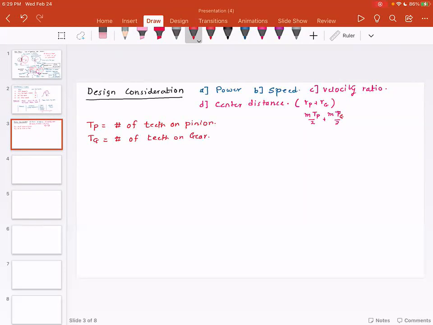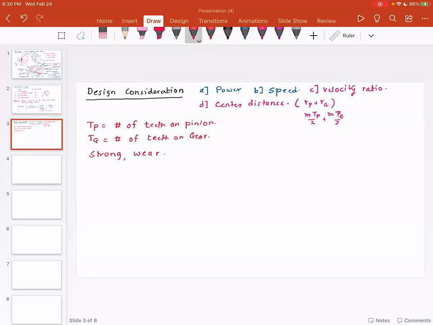And also we need to make sure that the gear is strong and also able to sustain the wear. So the gear should have enough strength so that it does not fail in bending or under the dynamic loading, and it should be strong enough so that the surface does not pit or there is no material removal on the surface because of the wear.